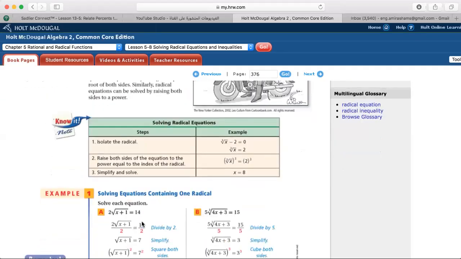Here are the steps you have to follow in order to solve radical equations. Step number 1, isolate the radical.